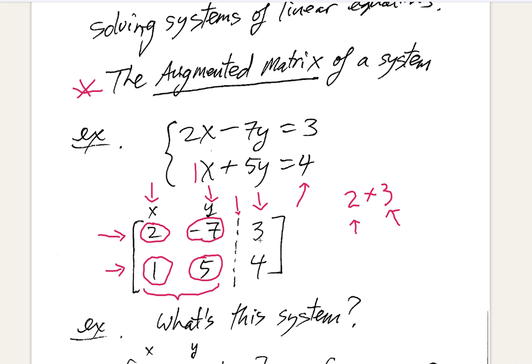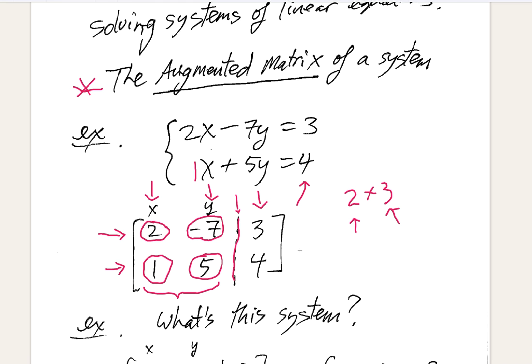So this is the column of constants at the end. Sometimes in some books you'll see a solid line instead. It just separates the coefficients from the constant terms over on this side. Alrighty, so that's the augmented matrix corresponding to that system.